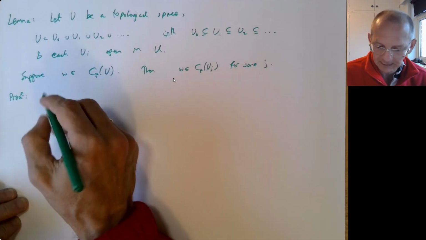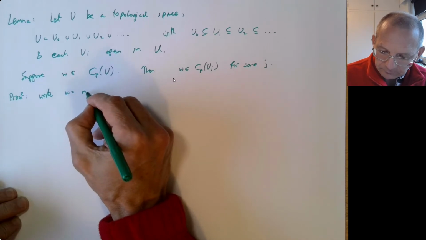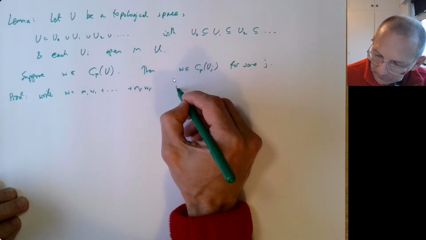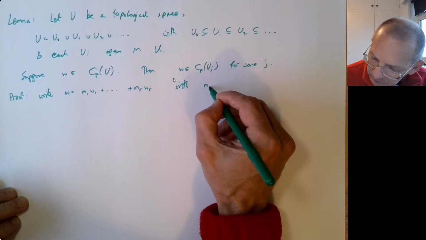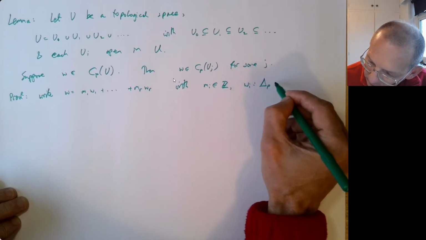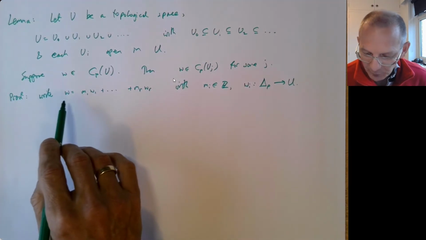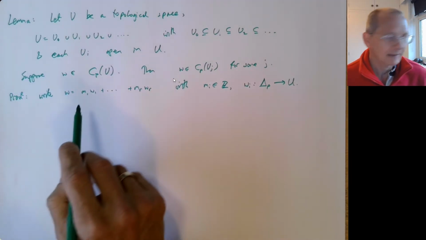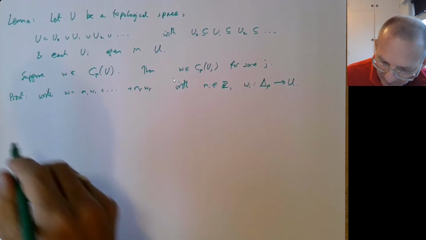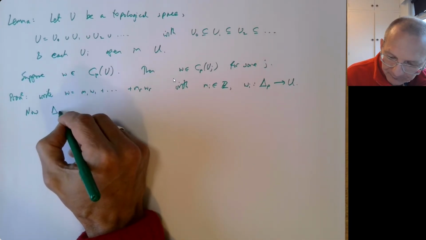So, proof. We express our W as a linear combination with integer coefficients of these maps from delta p into U. Now delta p is compact.